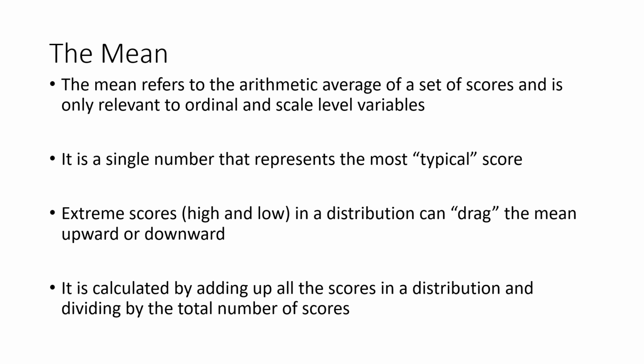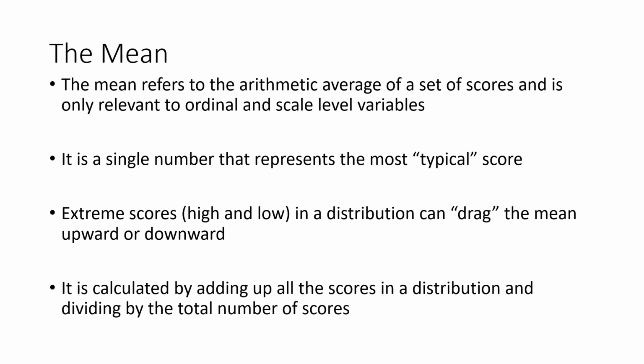There's no way that you can calculate the average there because the categories that you're using can't be rank ordered. One isn't higher or lower than the other. So the mean is only relevant when you're dealing with a variable that can be rank ordered from higher to lower, and only ordinal and scale level variables can be rank ordered. So what the mean is, it is a single number that represents the most typical or the most average score in that distribution.